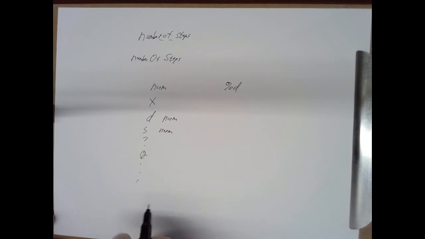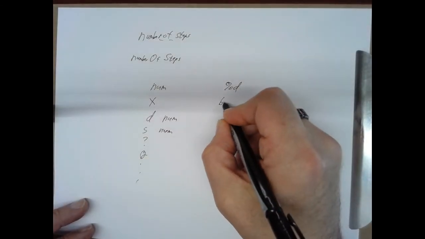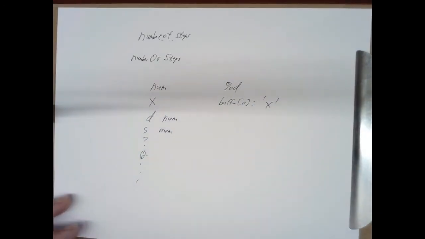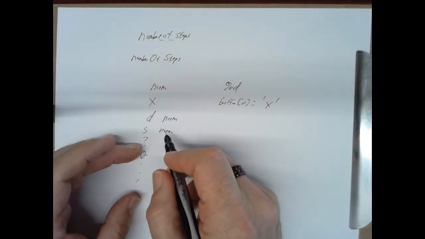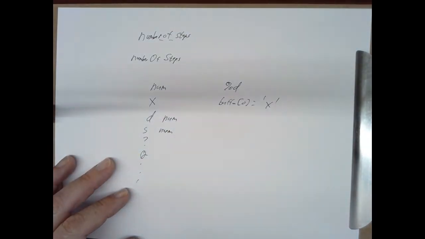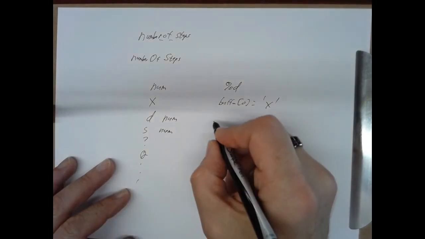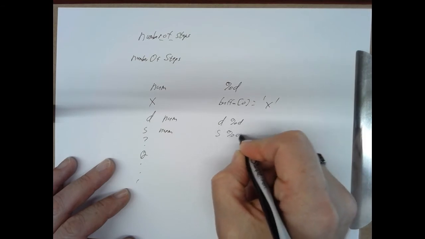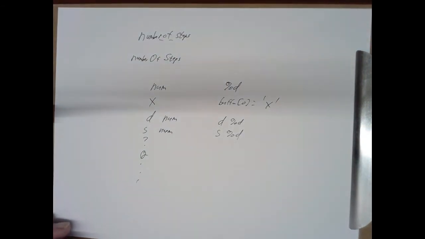If you want to know if it's a letter X, you don't really need to use scanf. You could just say is buffer[0] equal to an X. But you could also scanf into a %c and then see if it is equal to an X. If you want to know if it's something followed by a number, again, you could do a %c followed by a %d, or in this case, I could just do a d followed by a %d, or an s followed by a %d, and so on. So different ways to do that.